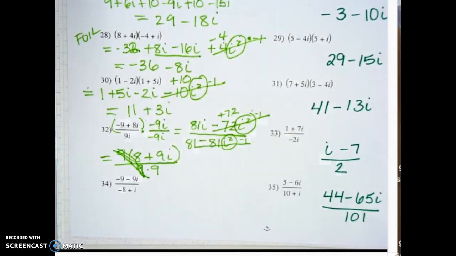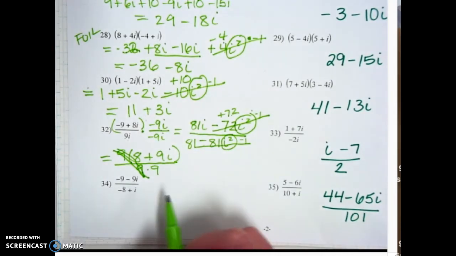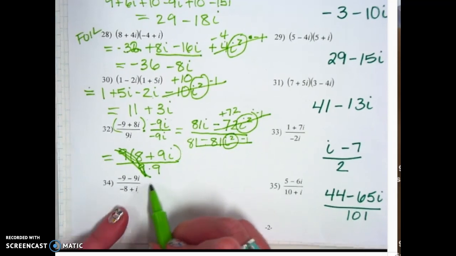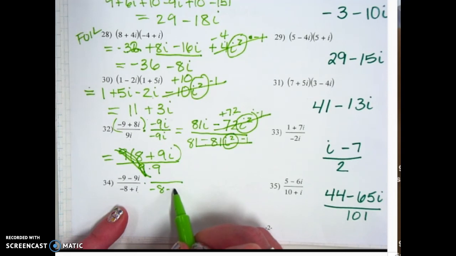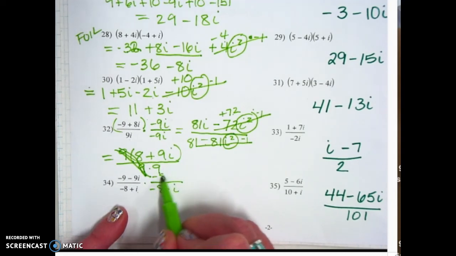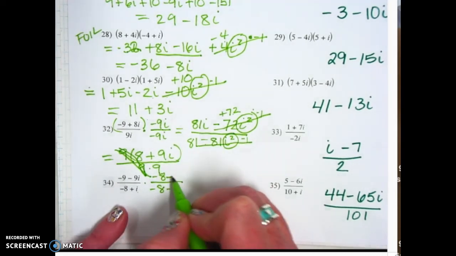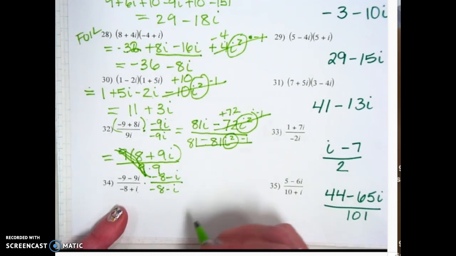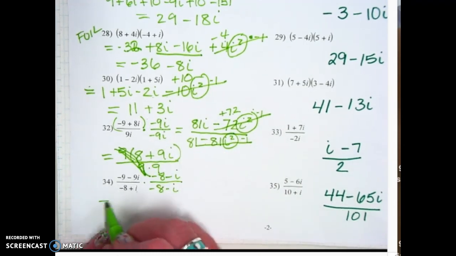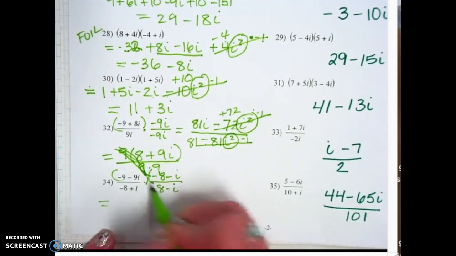All right, one more. Number 34. Can't have imaginary in the denominator, so we need to multiply by the conjugate, which is going to be negative 8 minus i. So we need to multiply the numerator by negative 8 minus i as well. We're going to need to FOIL twice. Helps if I put them in parentheses.